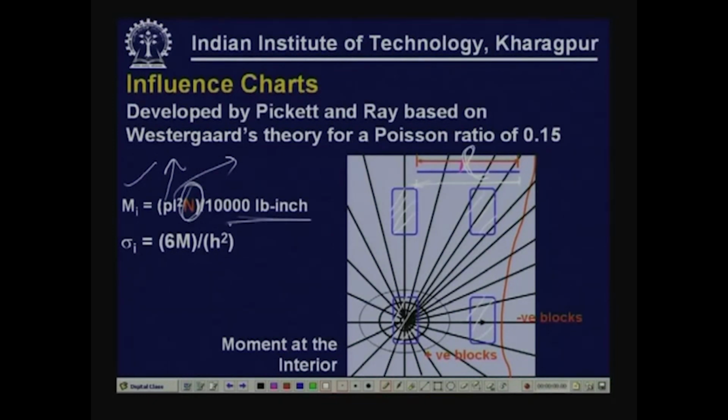Then this is the moment that you get. Once you get the moment, we can compute the flexural stress using this expression. Depending on the position of the wheel loads, the number of blocks that these occupy will also vary.